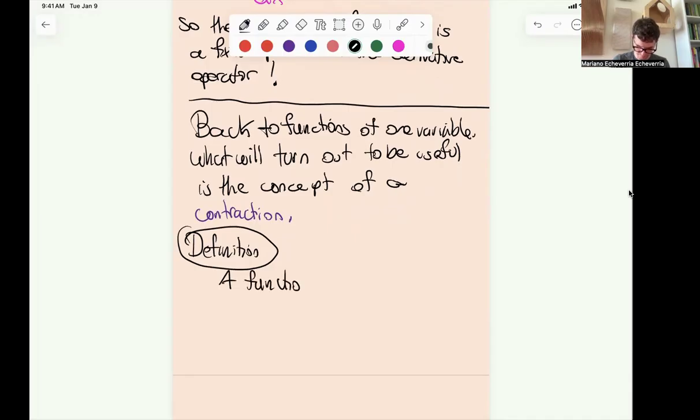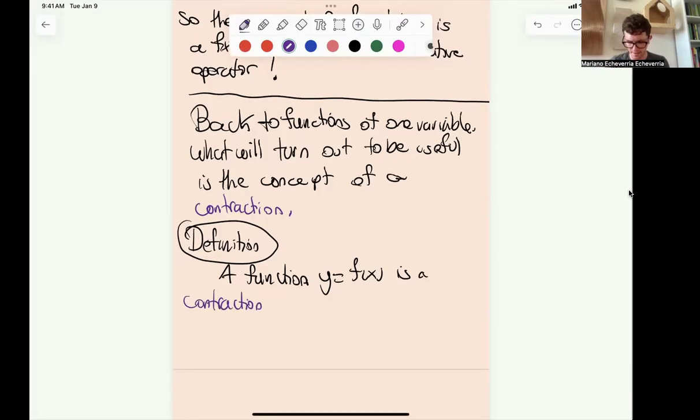a function is a contraction with constant k. Well, let's just call it a contraction.